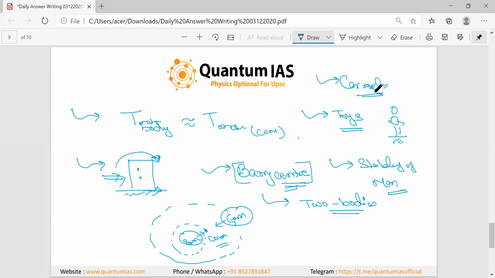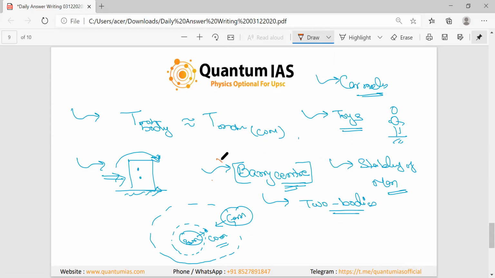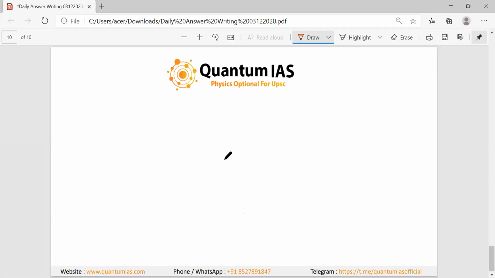They use the center of mass in every field. But I suggest you write about the barycenter and translational motion, because central force motion and gravitational force are in our syllabus, so you should write examples that are within the syllabus. So this was for this question.